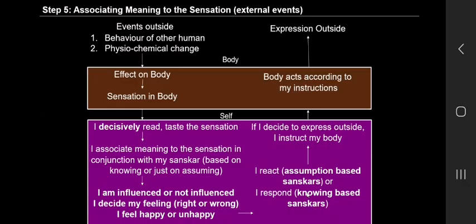Now you read it, right? When I am reading it, I am giving meaning to it with my sanskar. So I am declaring it as abusive language because in my culture, in my environment, these words are considered abusive.